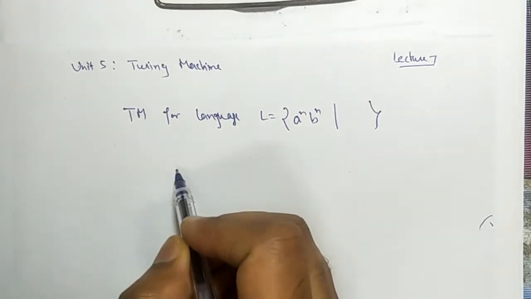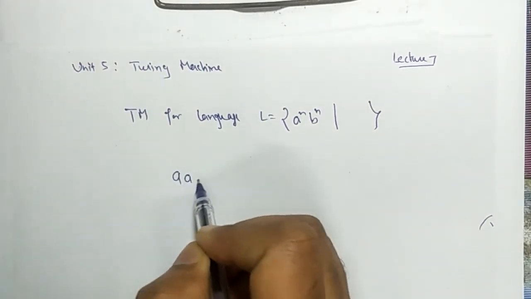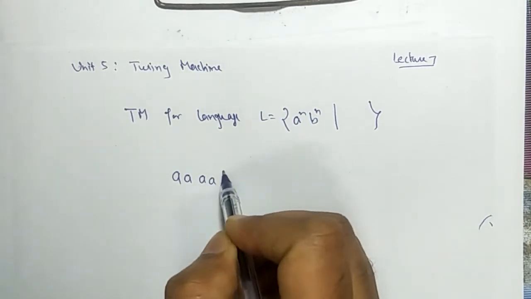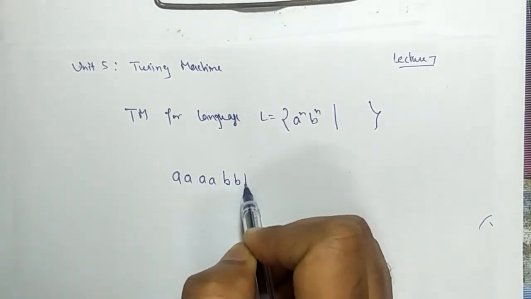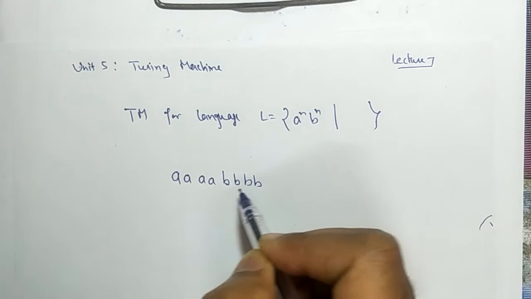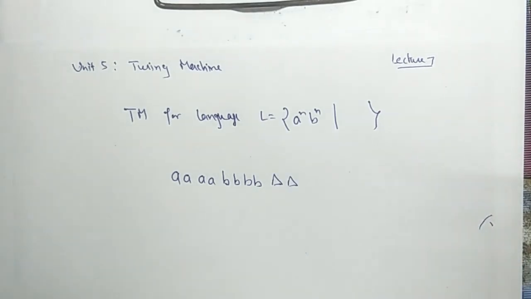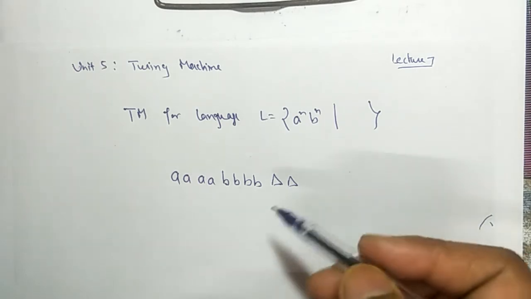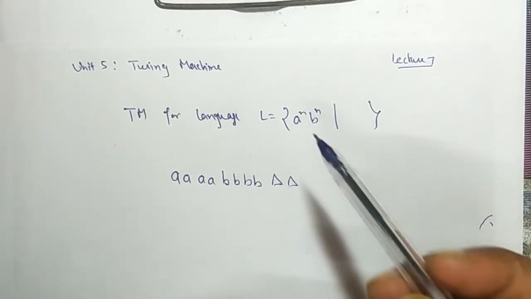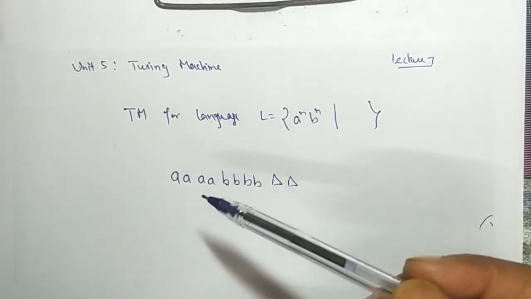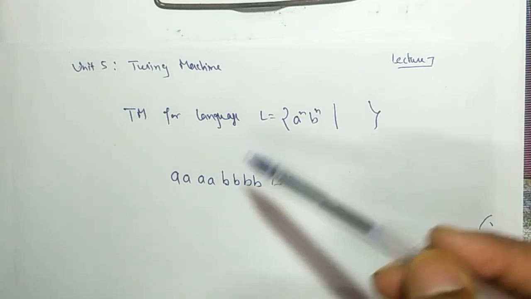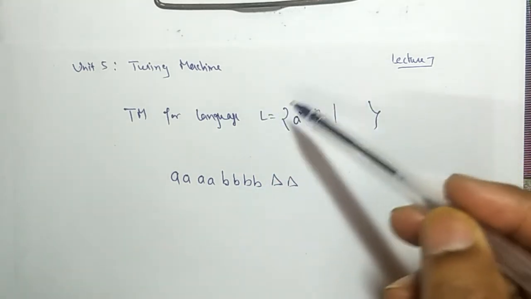So suppose we have an input of 4 a's followed by 4 b's over the tape. When we take an input to build a Turing machine, it doesn't mean that the Turing machine works for this input only. It works for the whole language.